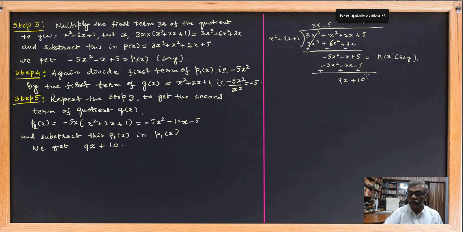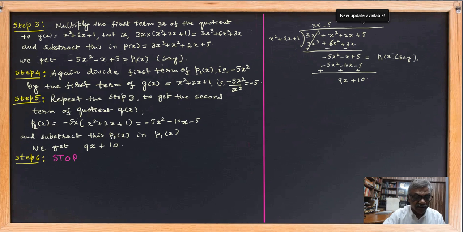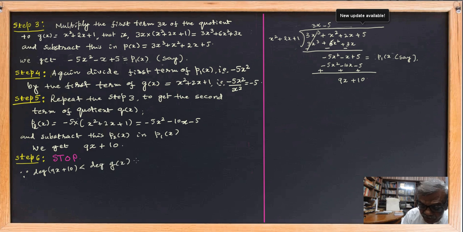And here look at this. I would like to stop this procedure here. Why do we have to stop? Because the degree of 9x plus 10 is less than the degree of g(x), and therefore we have to stop here.